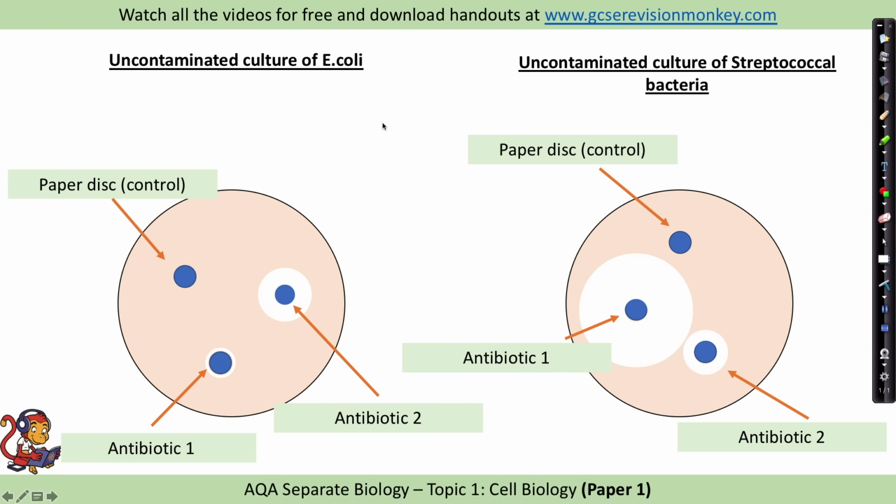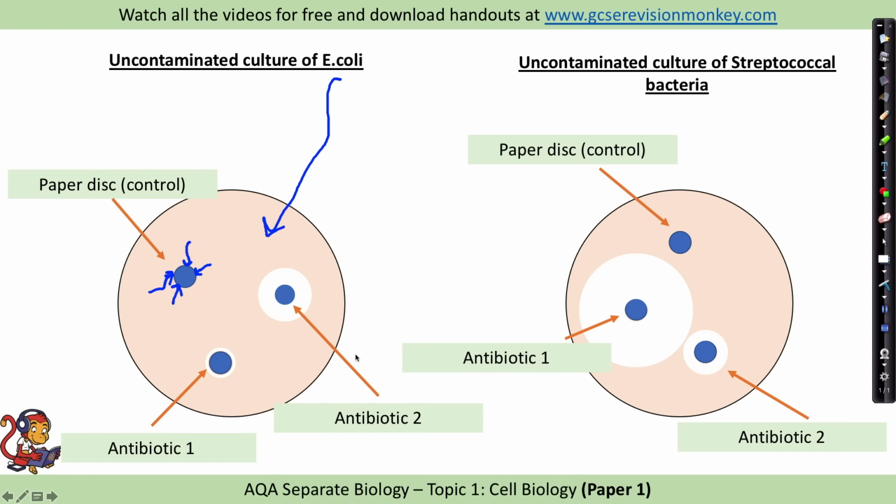So the results that you see might be something a little bit like this. For the E. coli plate here, the paper disc has got the E. coli growing right up to it. The whole region that's beige here is just representing the bacteria. So the control disc has worked and is not affecting the bacterial growth.